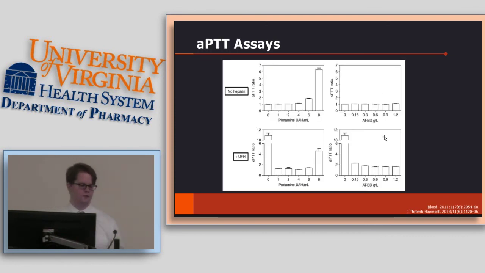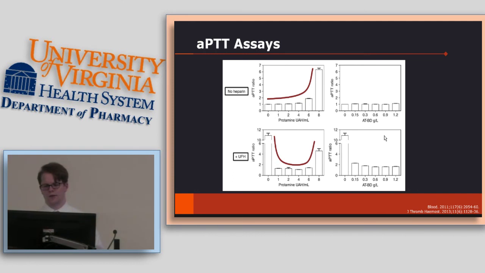And so while they demonstrate equal efficacy to our current option of protamine, there's also an increased safety profile. Looking at the APTT assays that they conducted, we can see on the left that with protamine administration at high enough doses, we do see that paradoxical anticoagulant effect. We also see when heparin has been co-administered that protamine at high enough doses is able to reverse it, but once you get too high or have a potential misdose, you do see that anticoagulant effect.